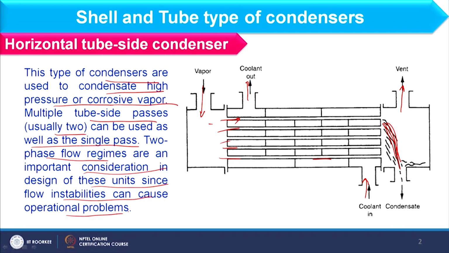We should consider the two phase regime properly, because as vapor enters it is in a gaseous form, and as condensation proceeds we have continuous formation of liquid. So instability may occur during the operation, which we have to handle properly. That is the horizontal tube side condenser.